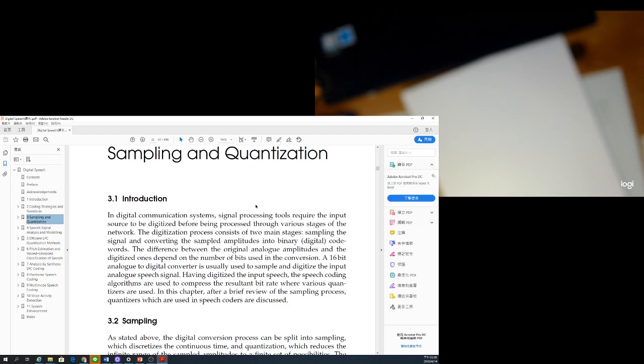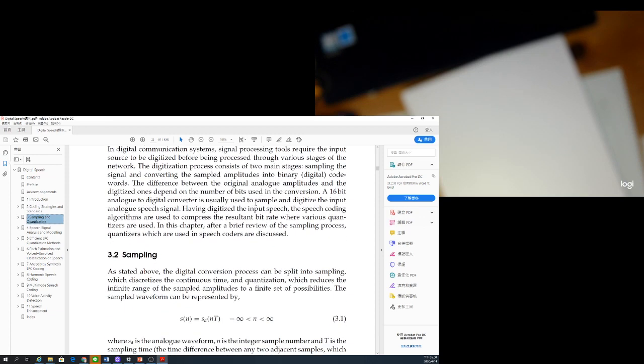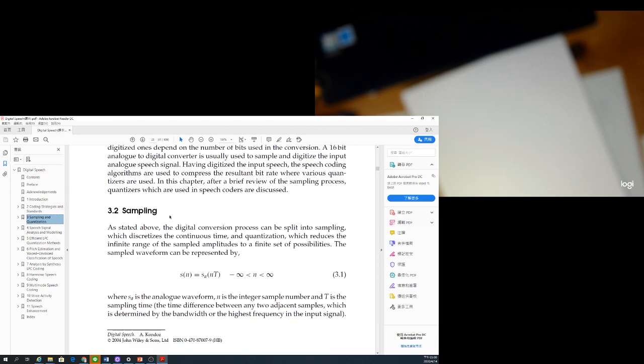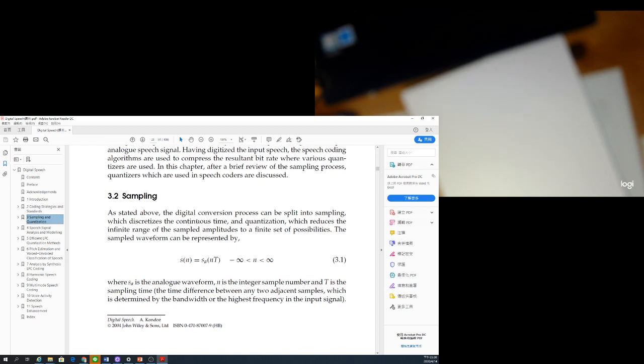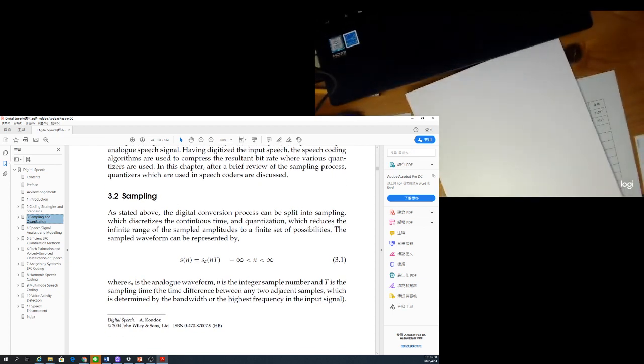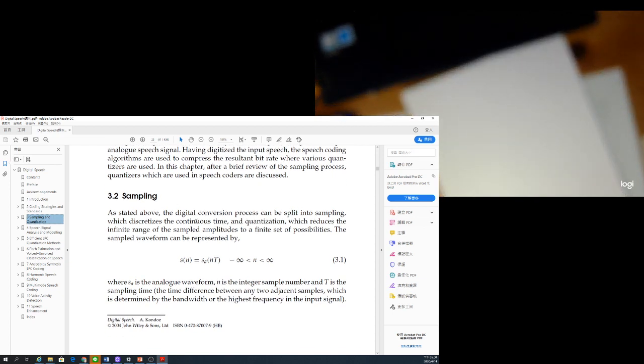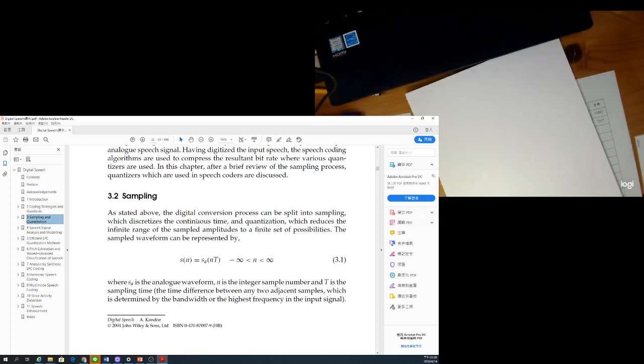So in this chapter, in the beginning, they are talking about sampling. It's very straightforward because our speech signal comes from a human being pronouncing the voice. The frequency used to be lower than 4K.